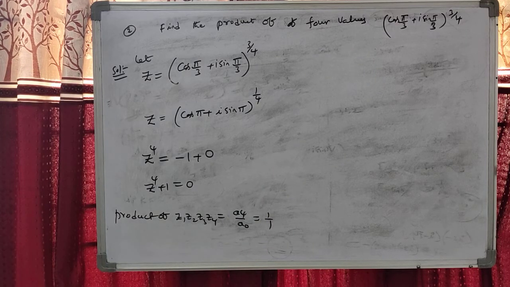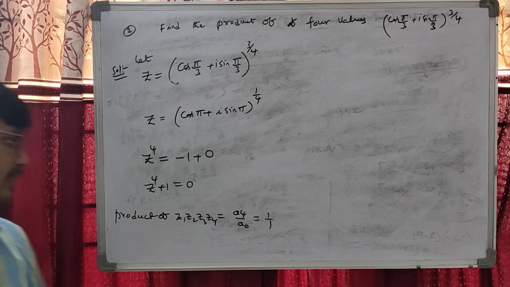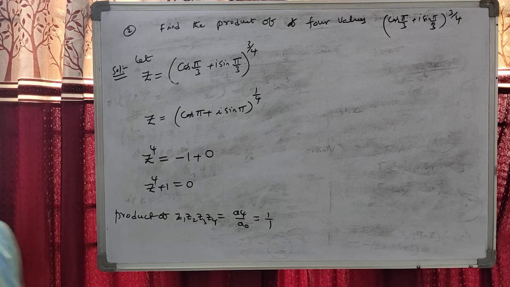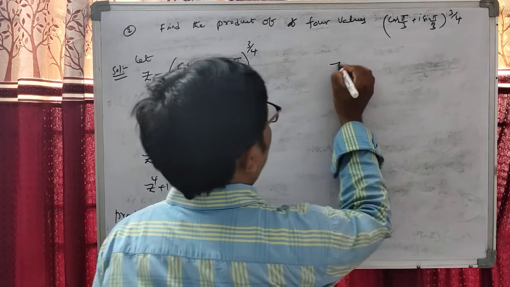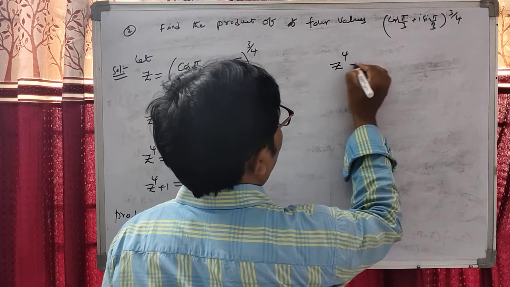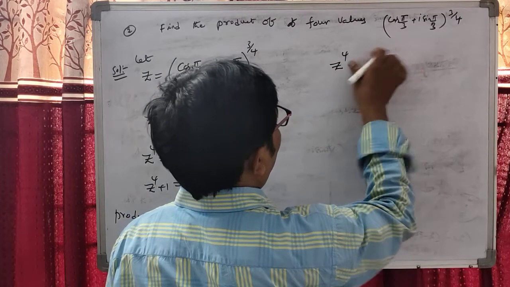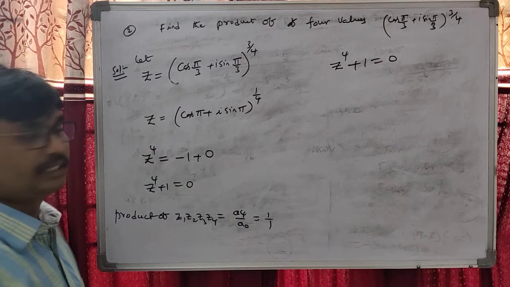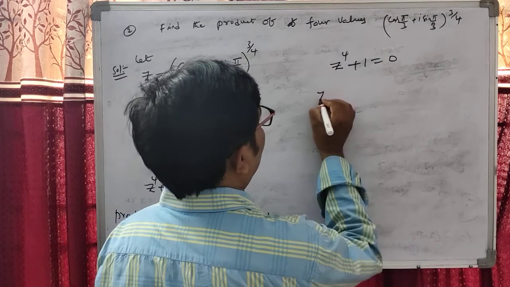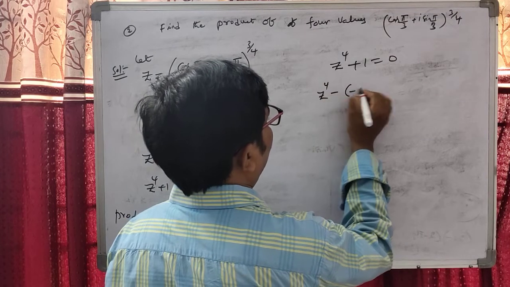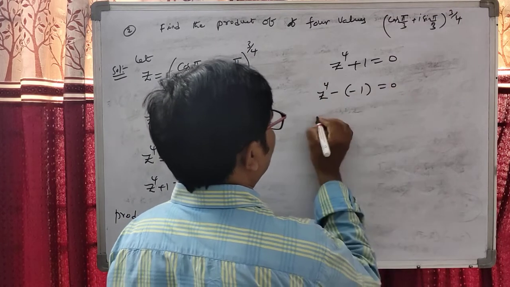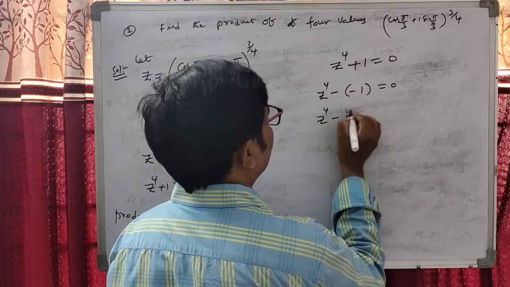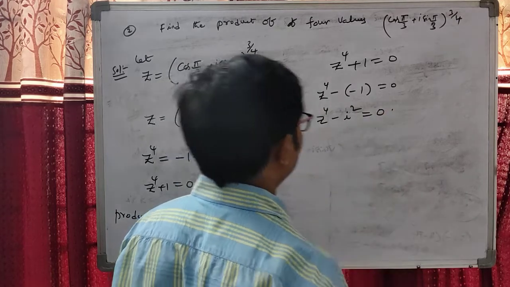Suppose, students, there is one more piece of information. How to write it? Here, z power 4 plus 1 we got. This we can write as z power 4 minus of minus 1, that is z power 4 minus of i square.